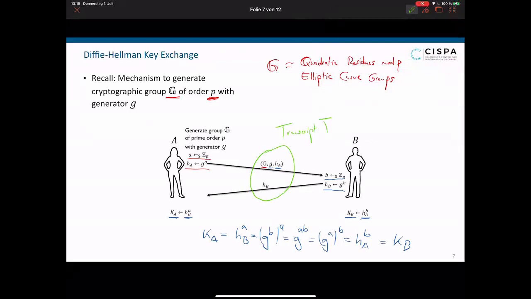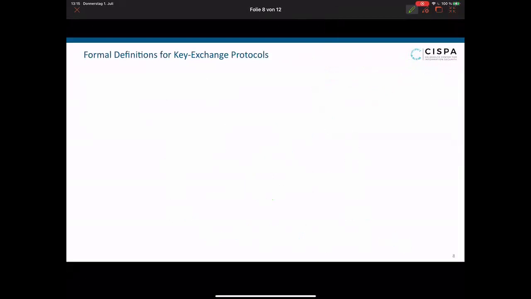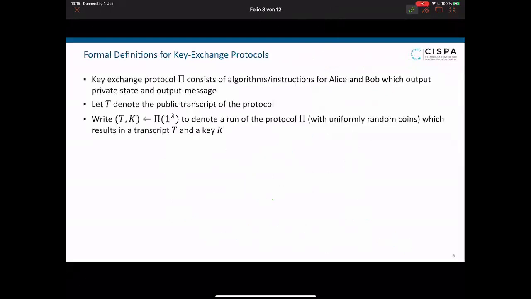And the two algorithms are just the things that Alice does and the stuff that Bob does. All right, and we'll denote such a protocol run with just running the protocol pi, run this in a distributed fashion, and this provides us with a public transcript T and a key K, which is output by both parties.